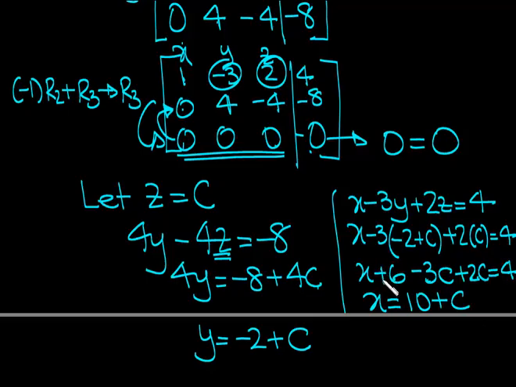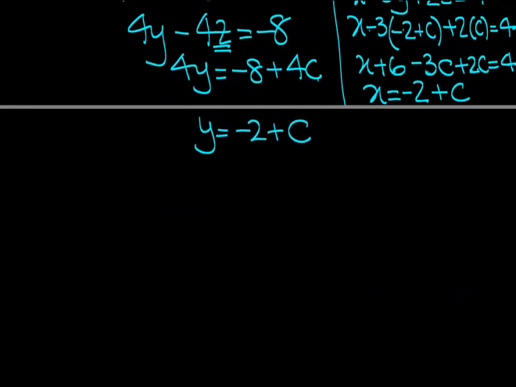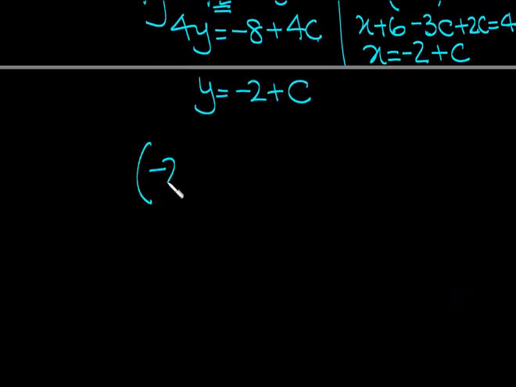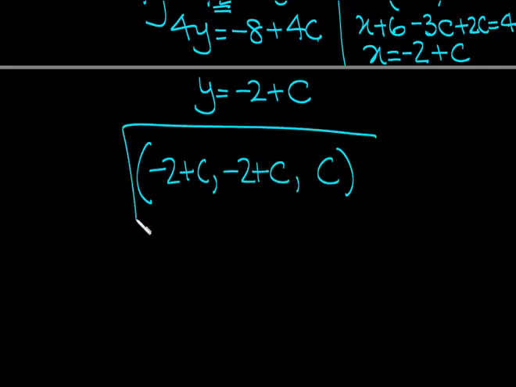Negative 3 plus 2 is negative 1, so this will be a negative 2 plus c. So my solution is x is negative 2 plus c, y is negative 2 plus c, and z is c. There's my infinite solutions, where c is just some real number.